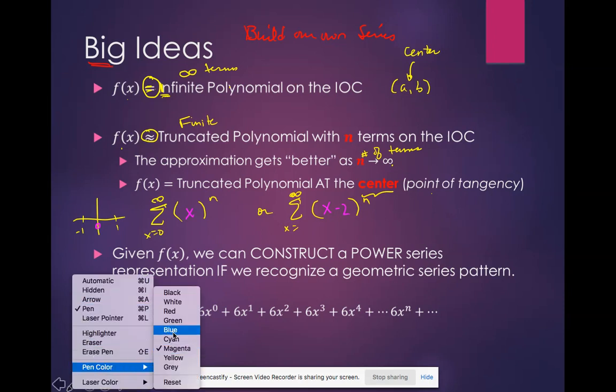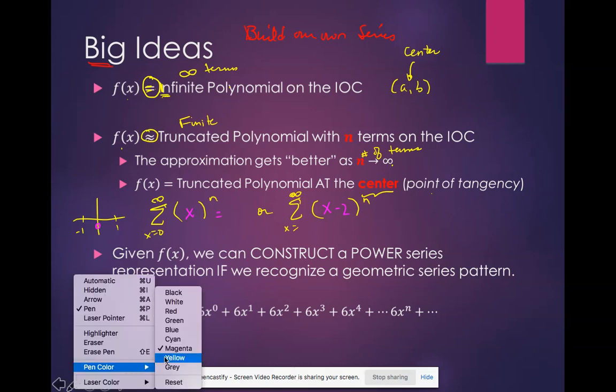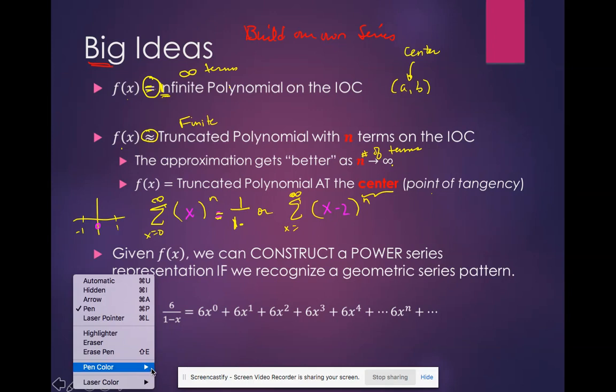This is exactly equal to, because I have a geometric series, the infinite polynomial, where you expand this, where n is 0, n is 1, n is 2, which, because this is geometric, is a, the first term, 1 over 1 minus r, where my r is x.